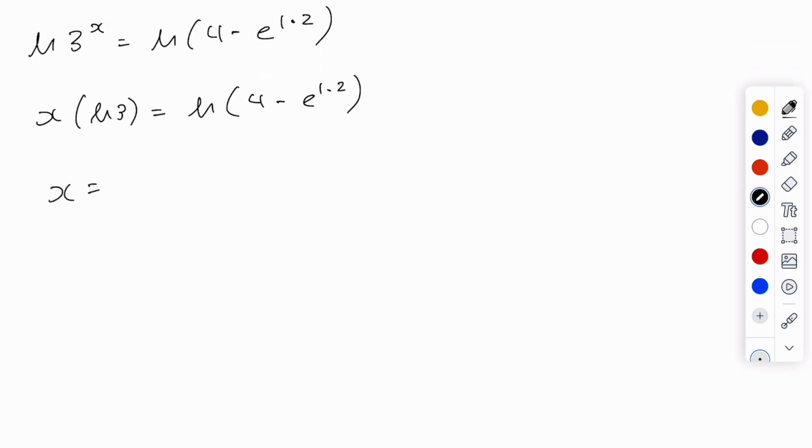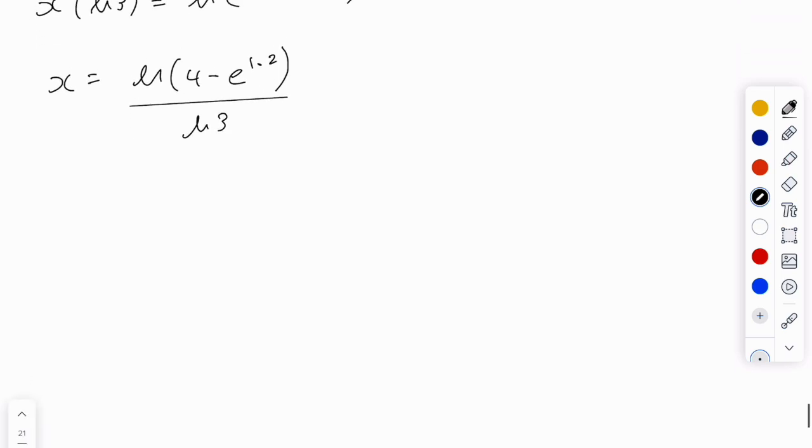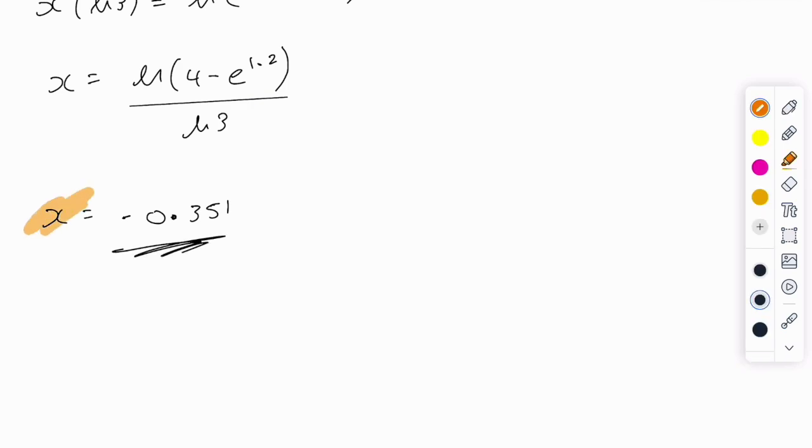So x equals what? x is therefore going to equal ln(4 minus e^1.2) over ln 3. So therefore x is going to equal negative 0.351. And that is going to be the final answer for the first question.